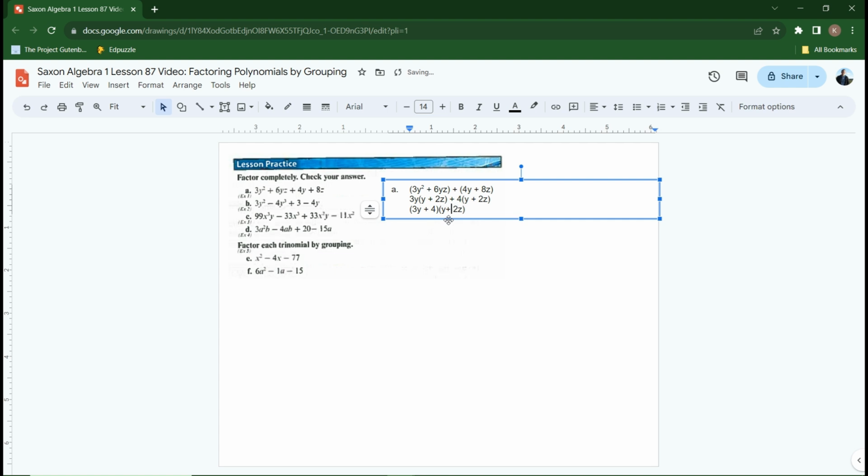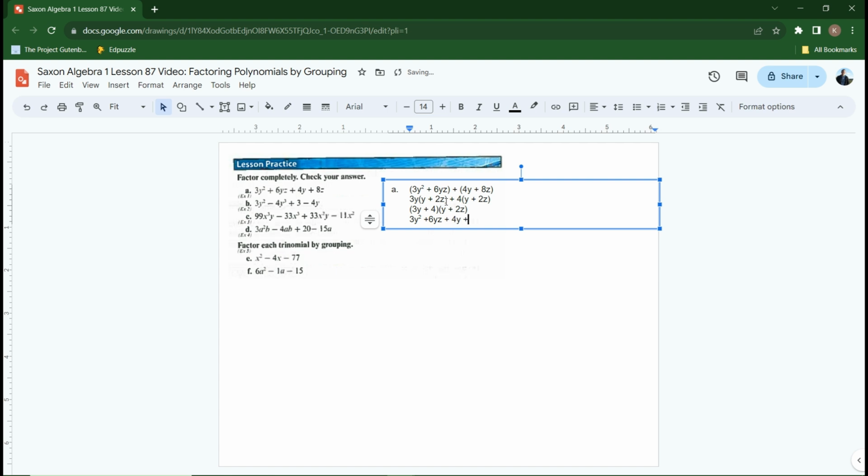Now, if this worked, we should be able to FOIL this back together and get what I started with over here. So let's just FOIL it back together. When I FOIL it, I get 3y squared. So far, so good. Plus 6yz. That's my outer. Inner is plus 4y.